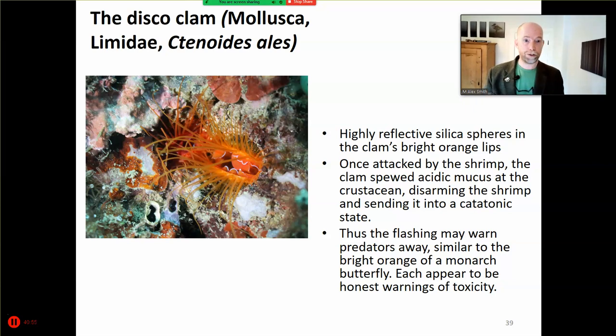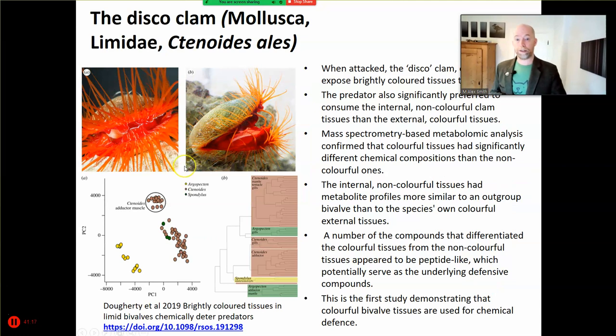Or like the monarch, excuse me. So like the bright orange of the monarch. And in fact, it's an honest signal. It's not just taking advantage. It's not just kind of flashing the lights and it has no bite to that signal, because there is an acidic mucus that is expelled when they're handled. So an aposematic, so an honest warning signal.